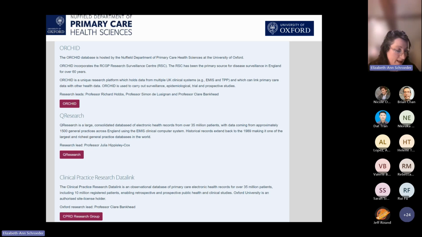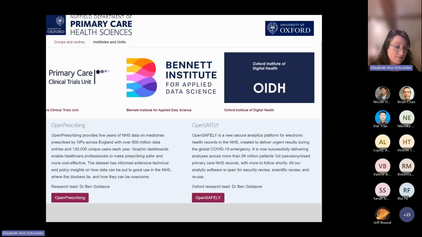By way of example, we host a data set called ORCID, which is a disease surveillance platform covering 60 years, holding data from multiple UK clinical systems and which can link primary care data to other healthcare data. There's QResearch, which is an electronic health record database from over 35 million patients, with data coming from approximately 1,500 general practices across England.